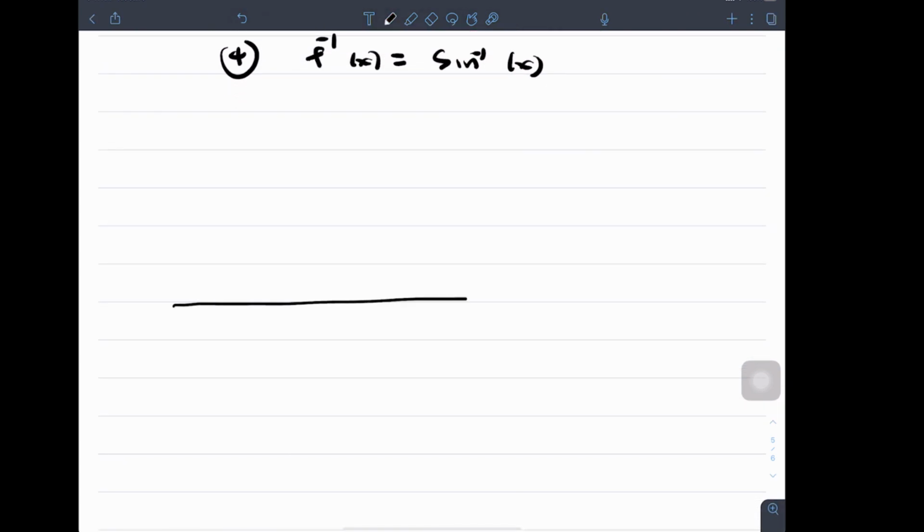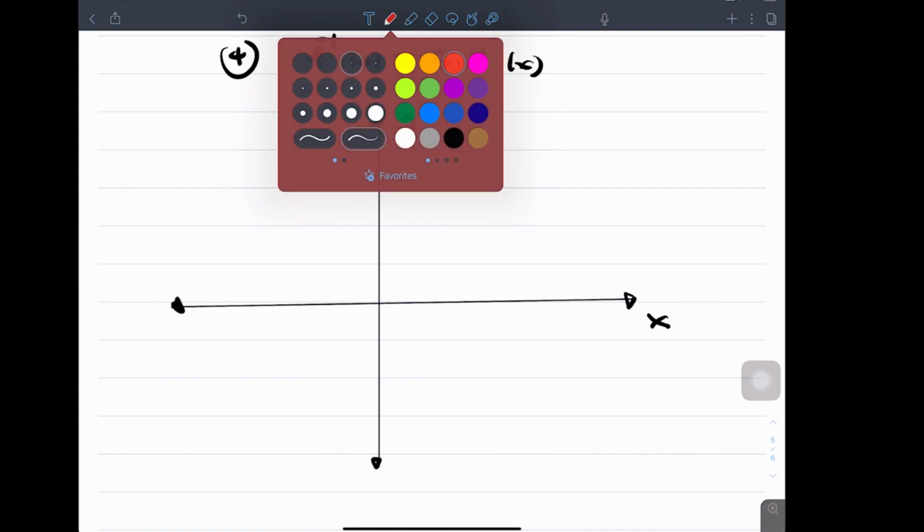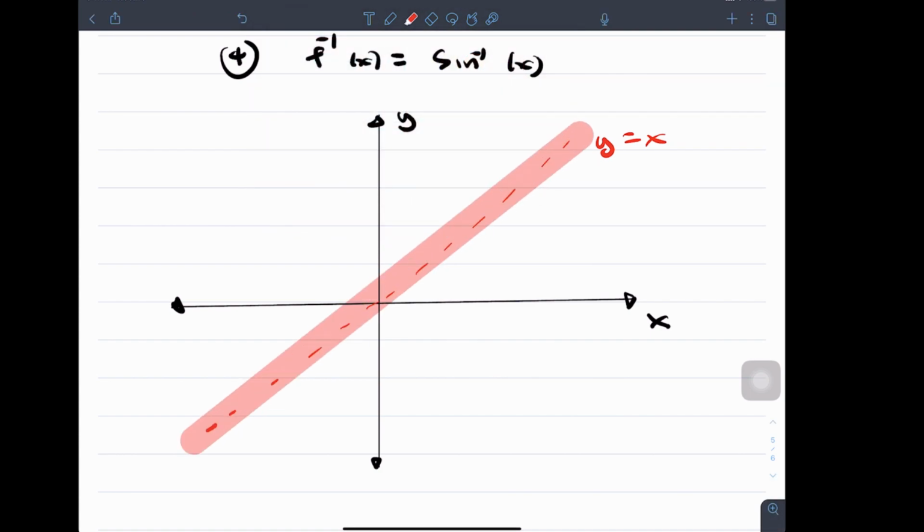Anybody recall the relationship between any function and its inverse? You see this magical line right here? y is x. Any function and its inverse is reflected across that line, y is x.